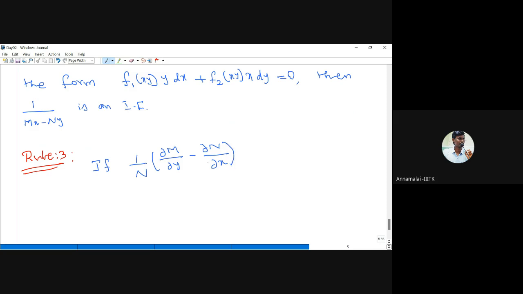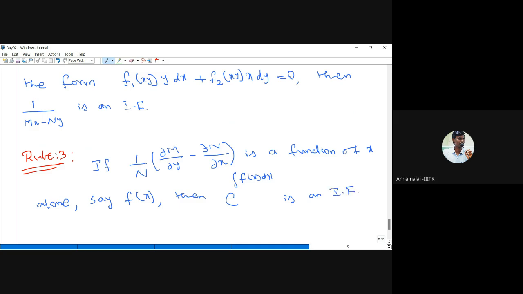Suppose you simplify this and get a function of x alone, say f of x. Then the integrating factor is e to the power integral f of x dx.